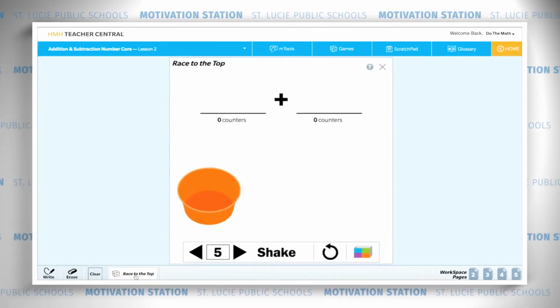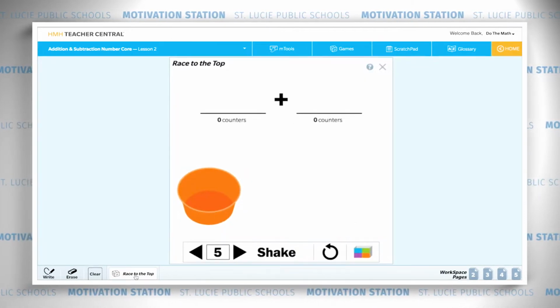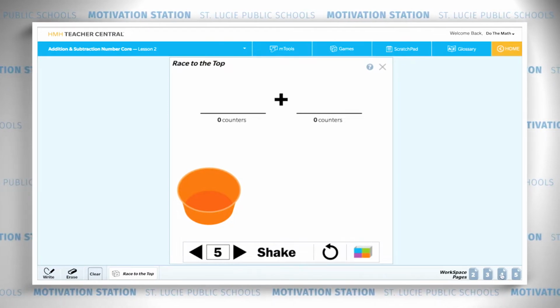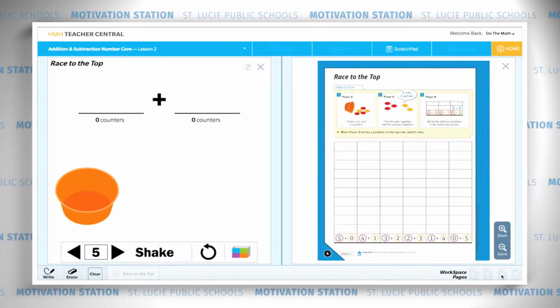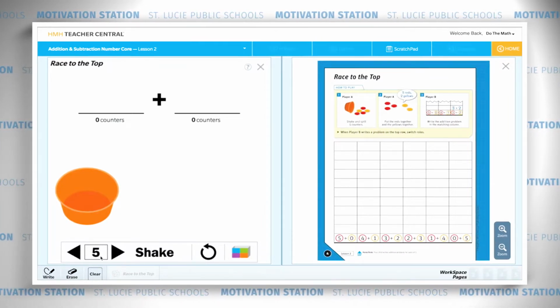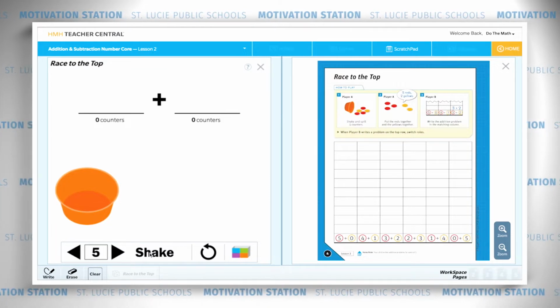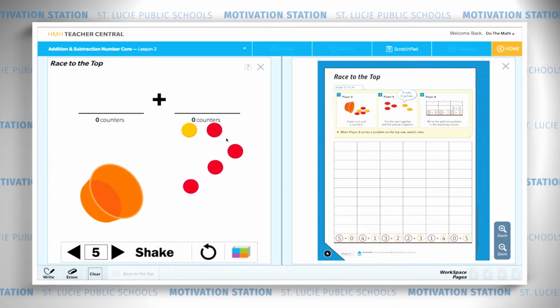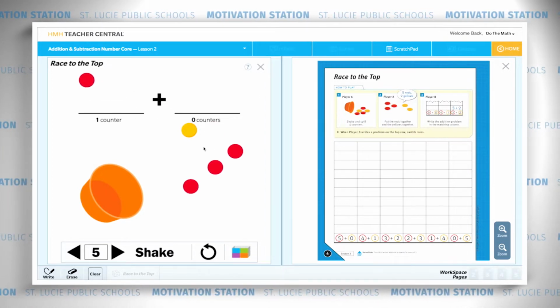All right, so it has all of our tools that we're going to need electronically. We're also going to need workbook page number 4, so we can pull that up at the same time, okay? So remember, we're going to shake, and we're using 5. We're trying to find all the different ways to make 5. So let's shake. Oh, wow. Okay, so we're going to move our counters over here, and it's going to count for us.